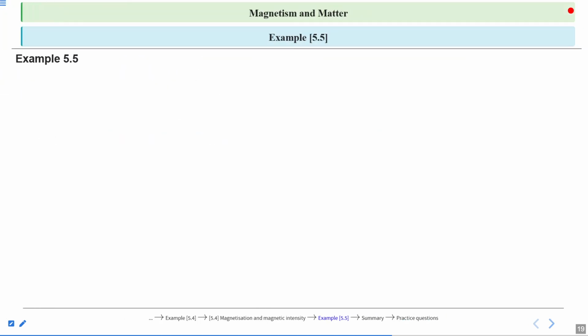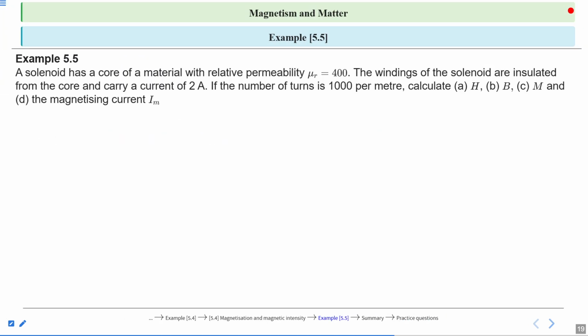Now example 5.5. A solenoid has a core of material with relative permeability mu r given as 400. The windings of the solenoid are insulated from the core, so that there is no short circuit, and carry a current of 2 ampere.